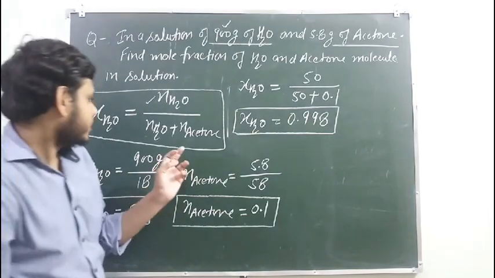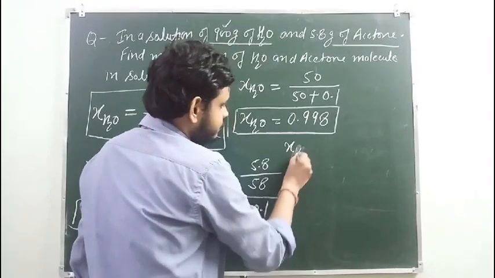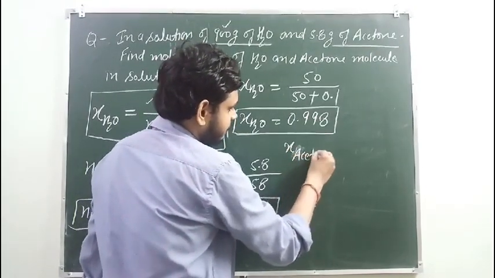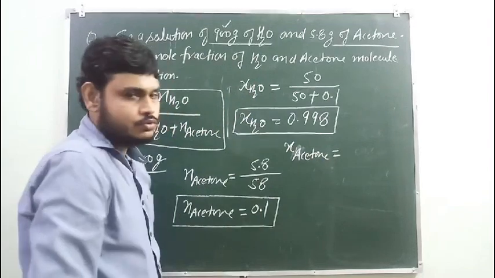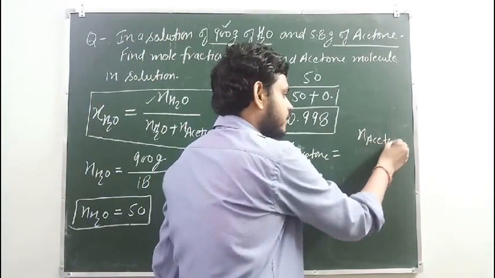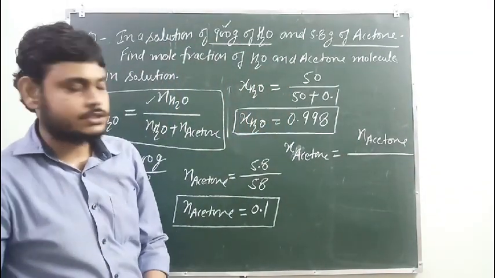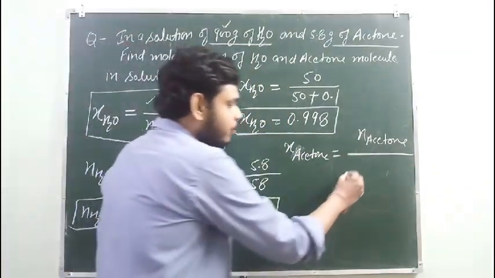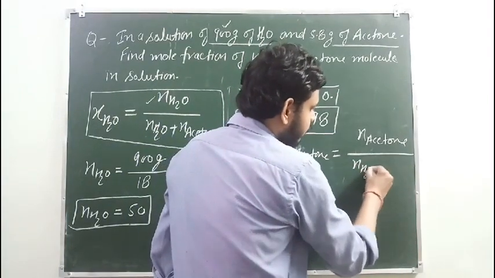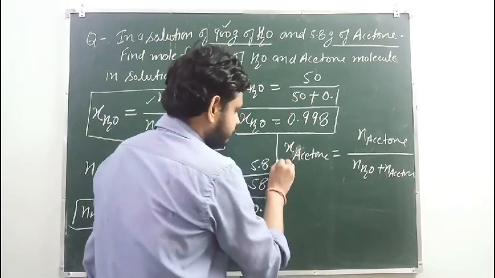And we are calculating the mole fraction of acetone, which is equal to the number of mole of acetone divided by total number of mole present in the solution, that is the number of mole of water plus number of mole of acetone.